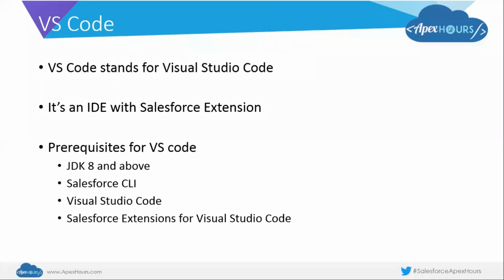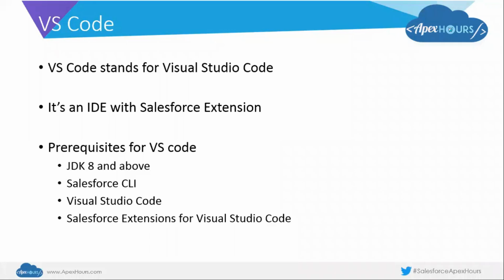But before we move to VS Code and how to install it, there are certain prerequisites that we need to do. JDK 8 must be installed on your machine, right? There is a Salesforce CLI tool that you need to install on your local machine, and then you can go ahead and install Visual Studio Code.